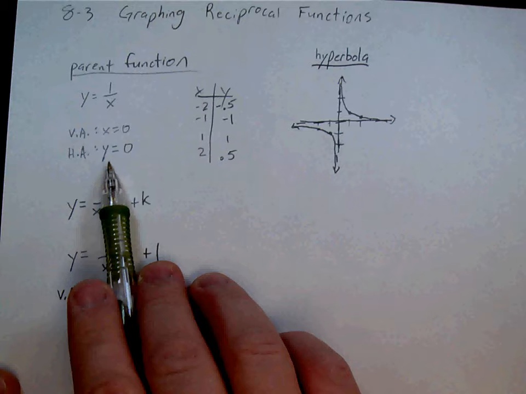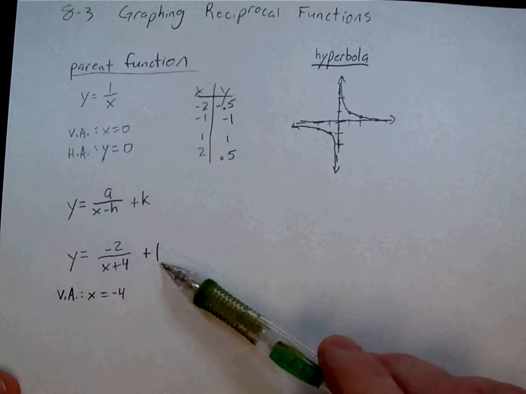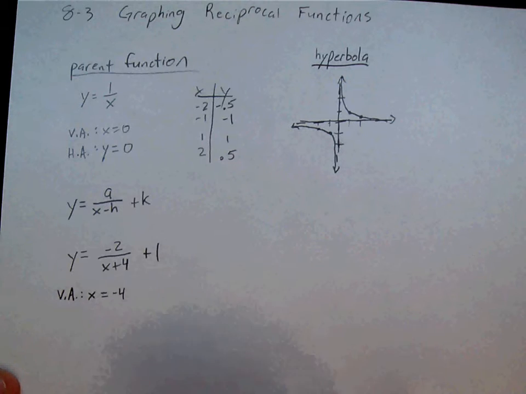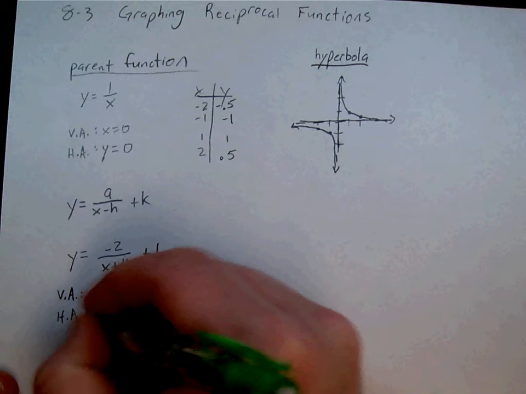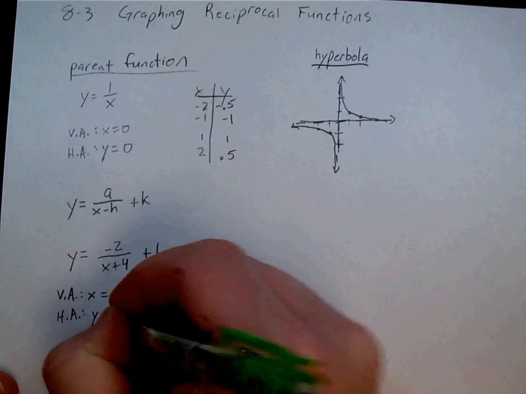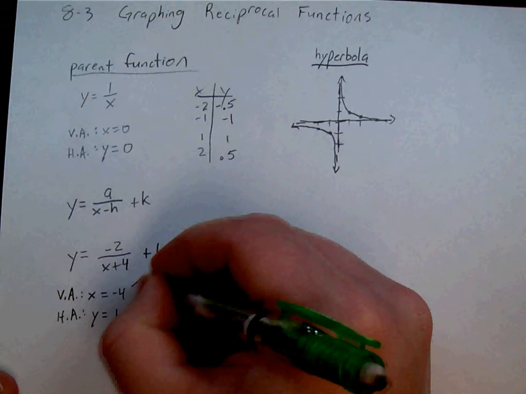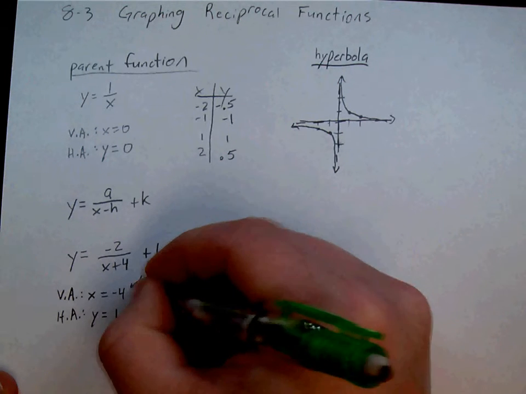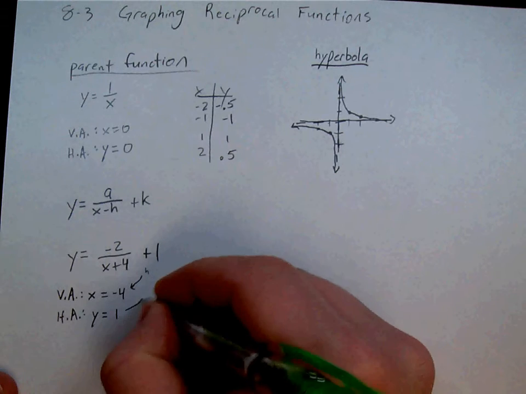Our horizontal asymptote, as before, is always at 0 unless we have a vertical shift, and we do have a vertical shift here. My k value is a positive 1, so that k value determines our horizontal asymptote. My h value determines the vertical asymptote. Remember, you have to do the opposite sign.